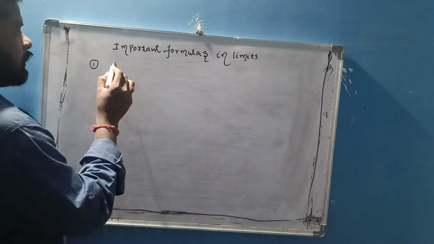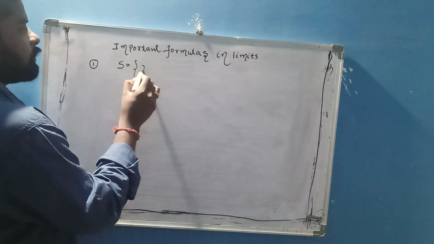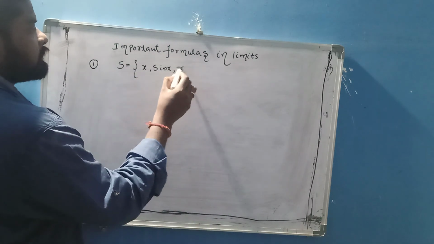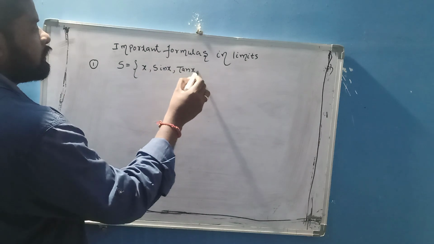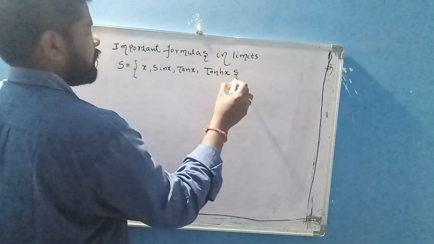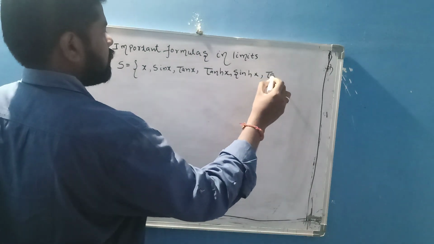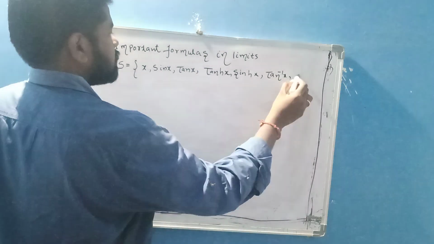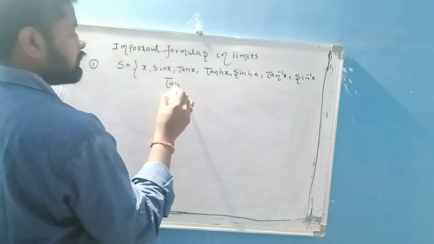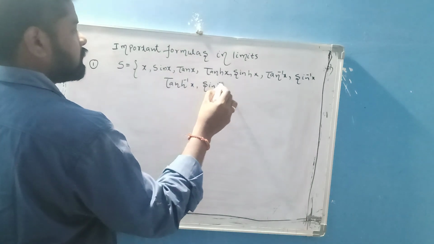First of all, I am assuming one set: x, sin x, tan x, tanh x, sinh x, and next tan inverse x, sin inverse x, tanh inverse x, sinh inverse x.